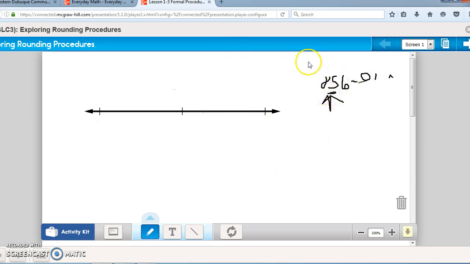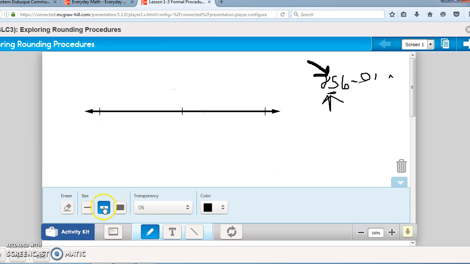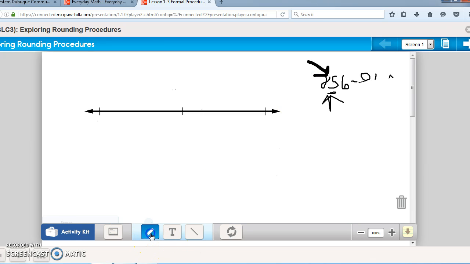They looked at the hundreds place on 856. Looking at the hundreds place, my first choice would be 800. And since I'm looking at hundreds, I would naturally make my largest number up 100 from that, which would be 900. I need to find my middle number between 800 and 900 so I know how to round.